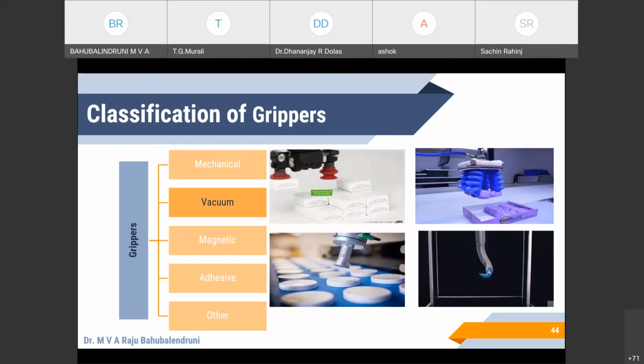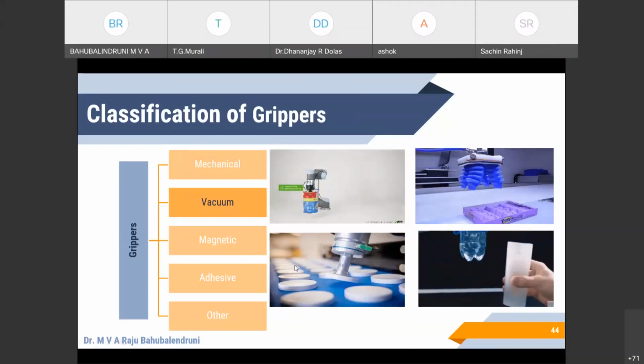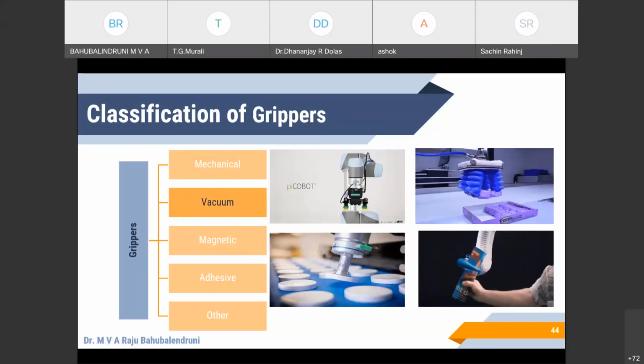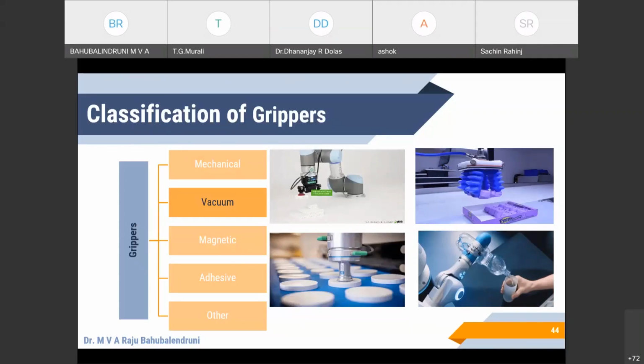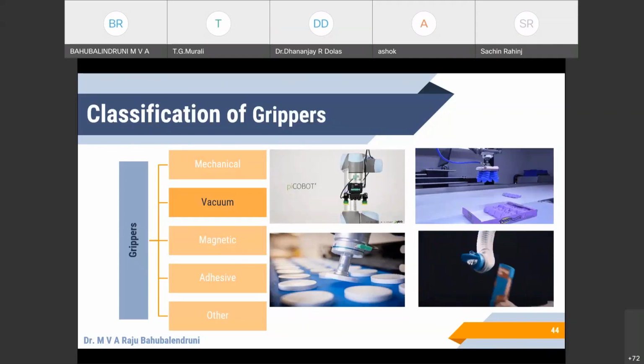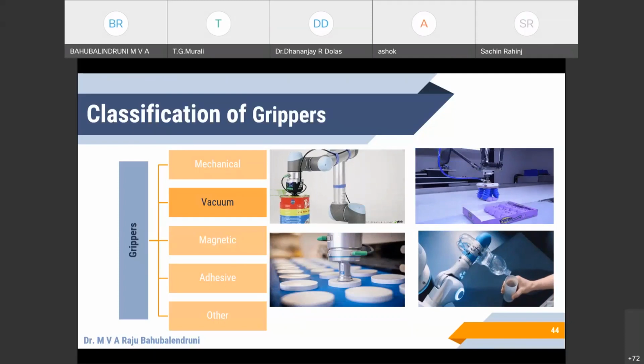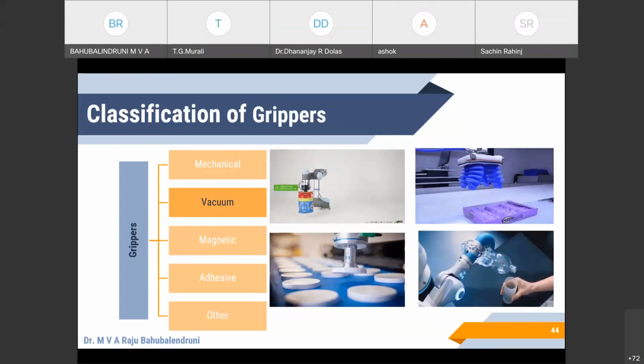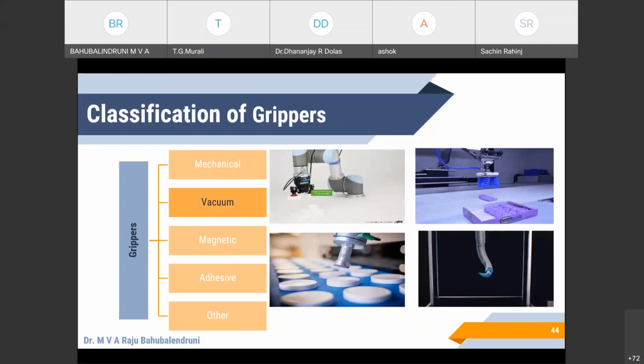Based on the weight of the object, the surface area of the suction cup can be increased. The pressure multiplied by the area is the total weight of the object that we can lift.